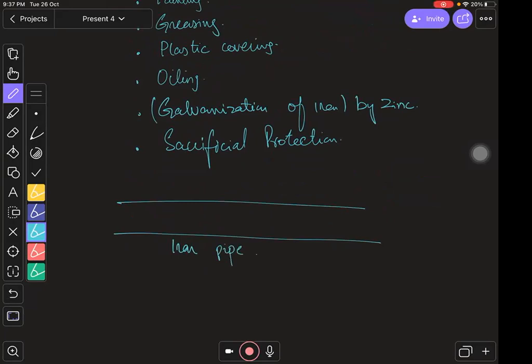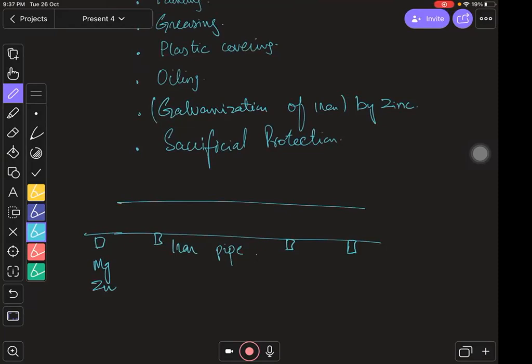We place small blocks of magnesium or zinc near the pipe. Why do we place these small blocks near it? Because we know that magnesium and zinc are more reactive.